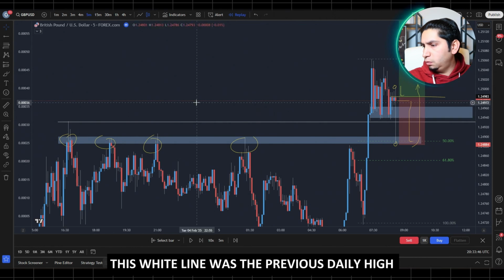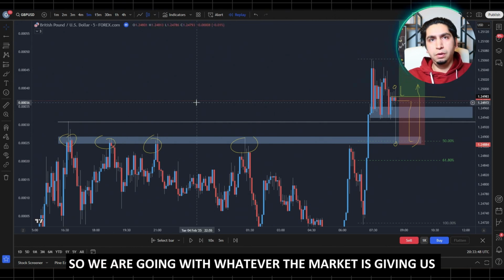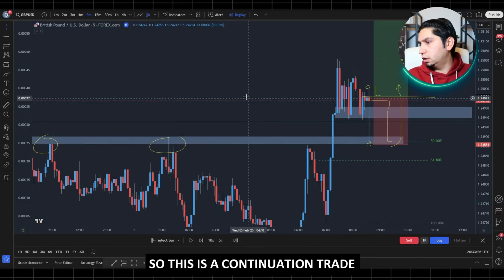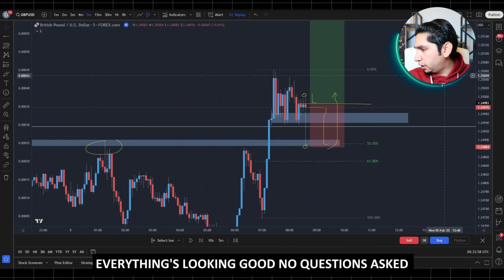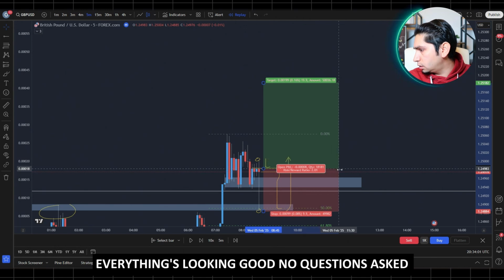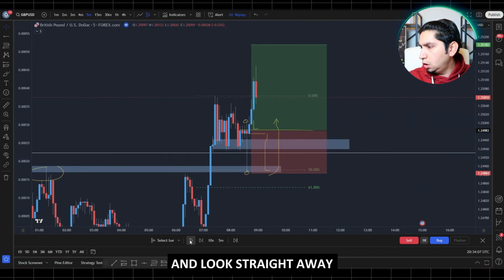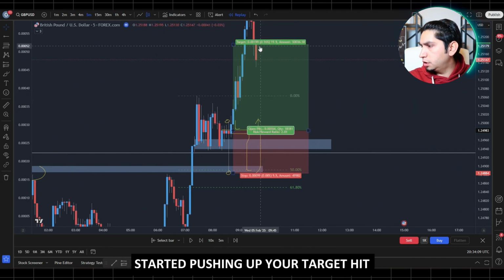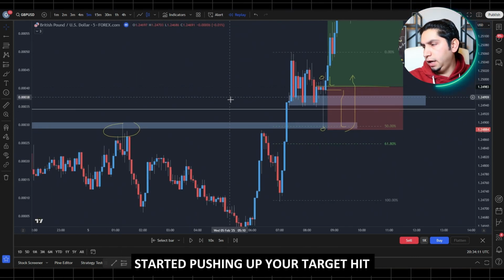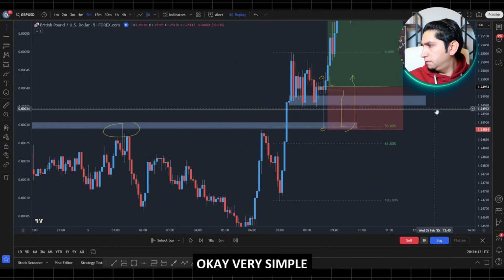And this white line was the previous daily high, so we are going with whatever the market is giving us. If it's breaking a previous high, there's a higher chance it's going to come back for a retest to continue going up. So this is a continuation trade. Everything's looking good. I would enter a 1 to 2 risk to reward ratio, and look, straight away it started pushing up. Your target hit. Okay, very simple.